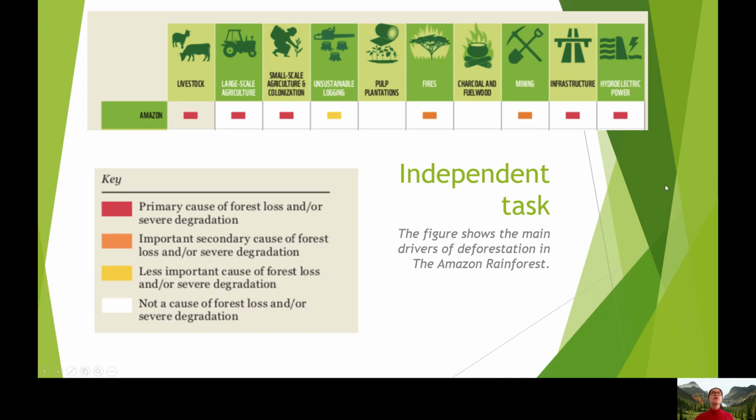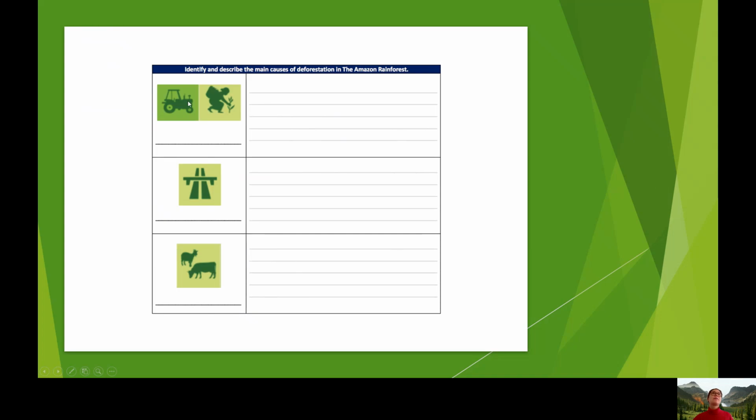Okay, I would now like you to do this independent task. I would like you to identify and describe the main causes of deforestation in the Amazon rainforest. There are a few pictures here that will help you answer your question. We have a picture of a tractor and someone picking crops.